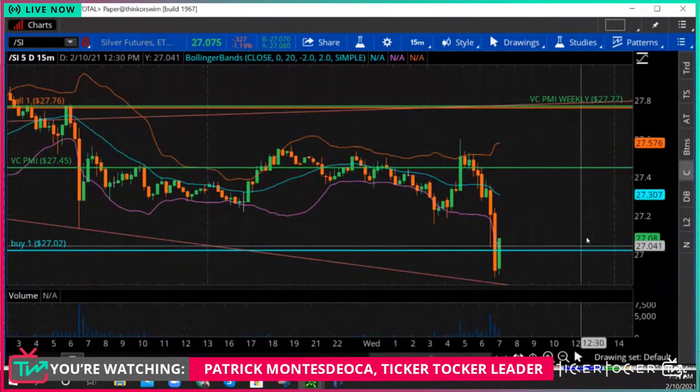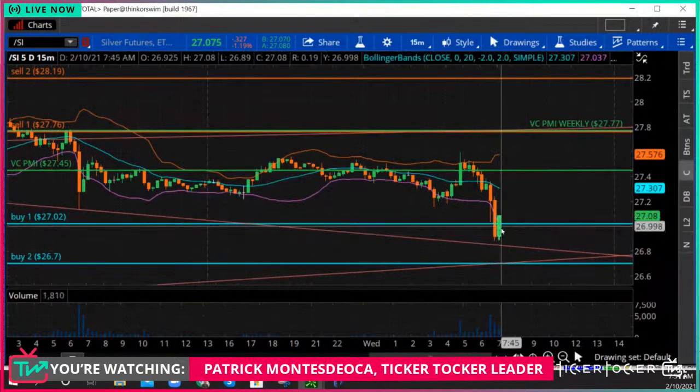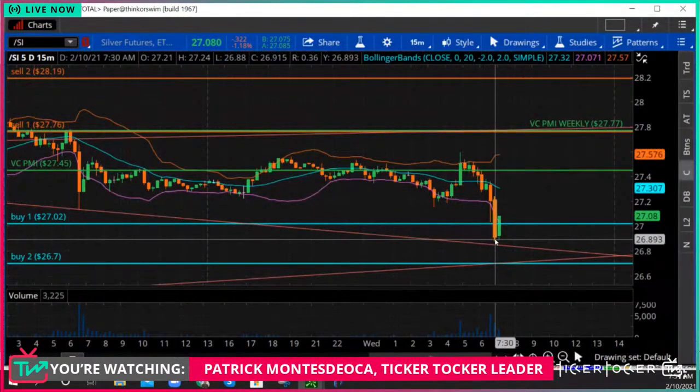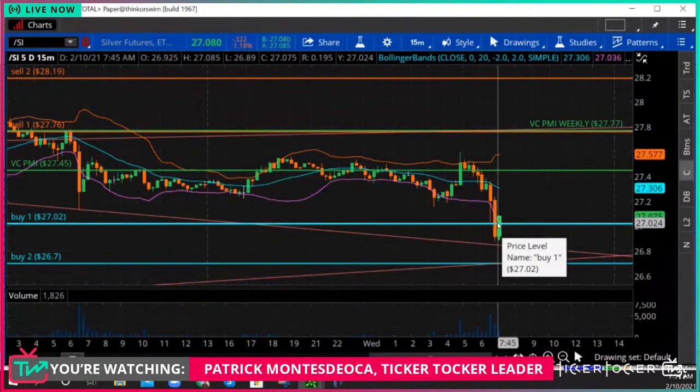Short term, we are activating a buy signal here on silver. We came down to a low of 26.88, and now we reverted right back up.